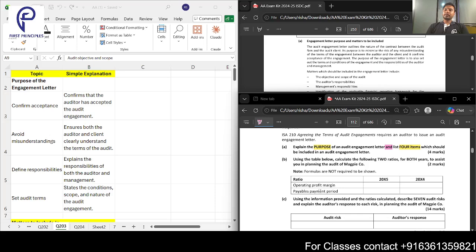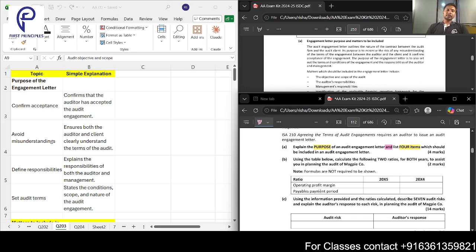Is it clear what the question is, what two things we have to do? Perfect. Purpose of the letter as well. That's it. Okay, so these are the two sub questions of this particular question A.